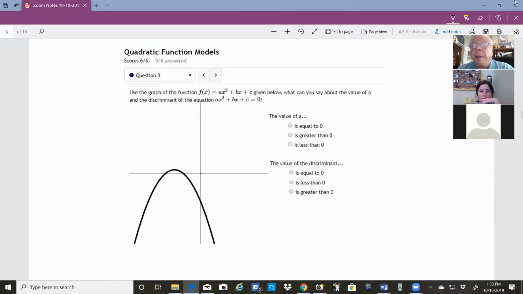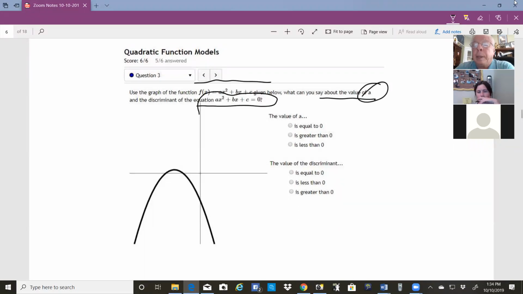Okay. This is a little bit of theory about a quadratic function. We've got a graph here of a quadratic function. What can you say about the value of a and the discriminant?